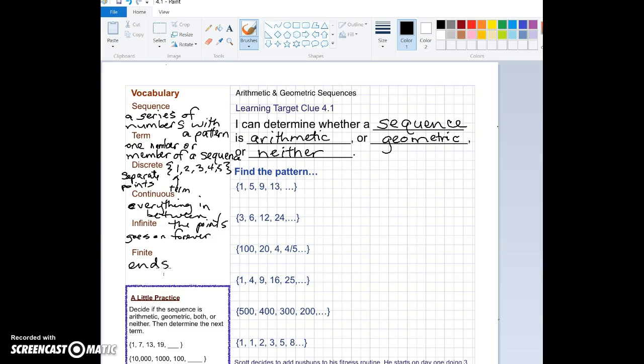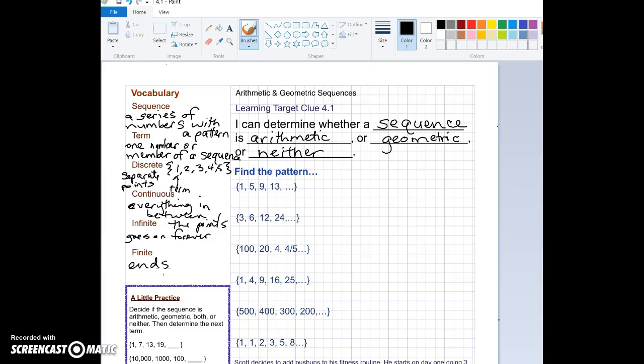So when we're talking about sequences, sometimes a sequence will go on forever and ever, and sometimes a sequence will have an end. For example, if you had a problem like I'm setting up the chairs in the auditorium, and the first row has 2 chairs, and the next row has 3 chairs, and the next row has 4 chairs, and the next row has 5 chairs, and the next row has 6 chairs.